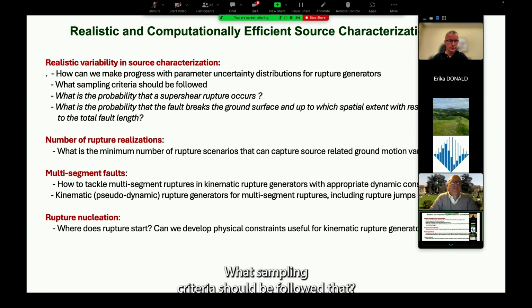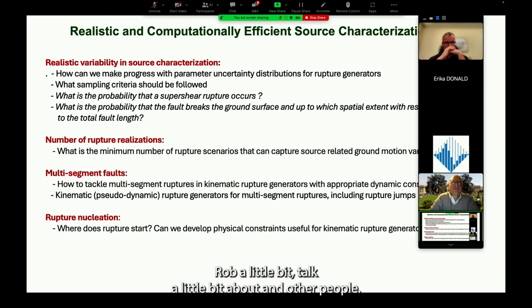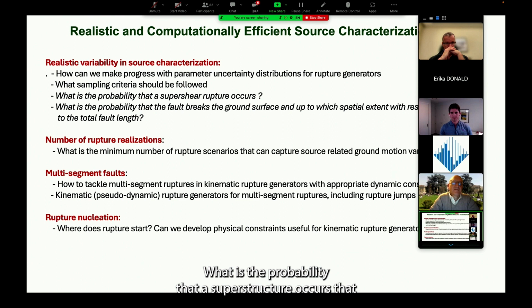What sampling criteria should be followed, which Rob talked a little bit about, and other people? What is the probability that a supershear rupture occurs, which we talked a little bit about today? What is the probability that the fault breaks the ground surface, and up to which spatial extent with respect to the total fault length?